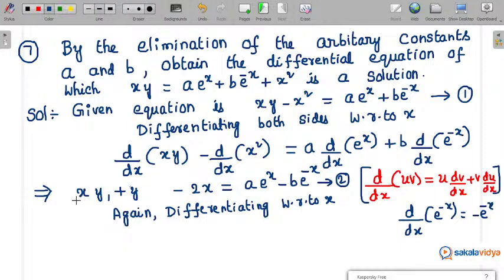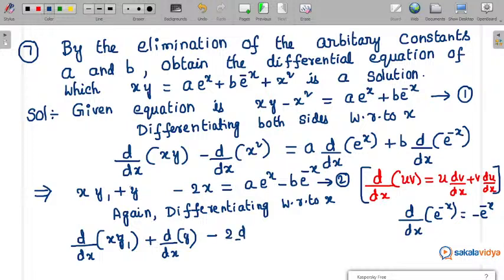So now again, d by dx of xy1 plus d by dx of y, or dy by dx, no problem, minus 2 common d by dx of x, is equal to a times d by dx of e power x, plus negative b times d by dx of e power minus x.